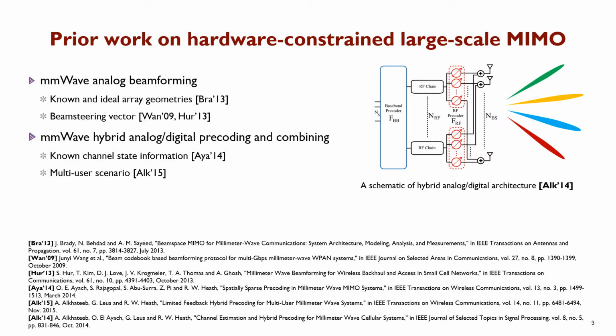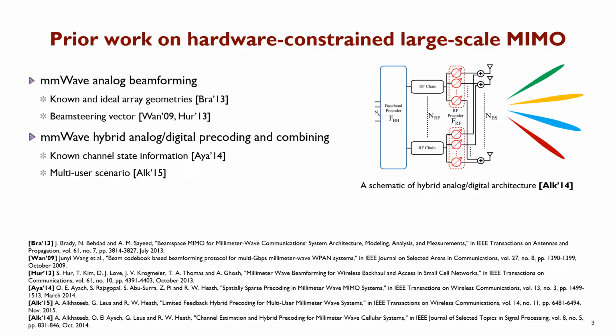The prior work on both analog-only beamforming and hybrid analog-digital beamforming focuses either on assuming known and ideal array geometries, or it just selects the analog beamforming vector out of a codebook that is comprised of narrow beam steering beams. However, in reality, the hardware or the array geometries might not be ideal and might not be known, and also having just narrow beams might not be optimal.